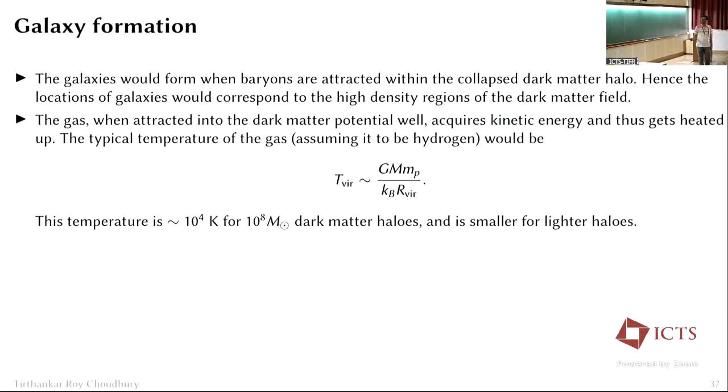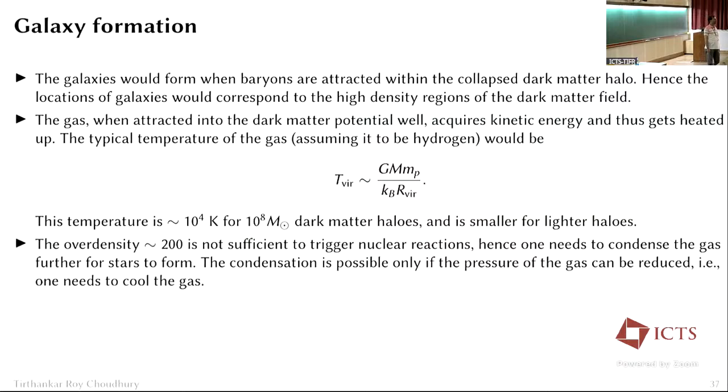At this temperature, you cannot form stars, okay? Because you remember I showed you earlier from spherical collapse that the density of this thing is like 18 pi square minus 1, so let us say 200 times the background density. The background density is really small in our universe, so 200 times the background density is not sufficient to ignite stars.